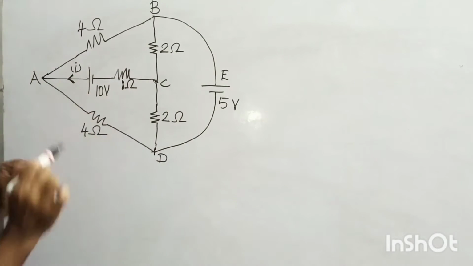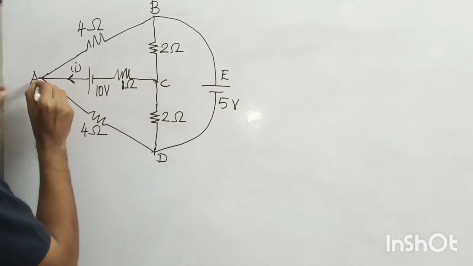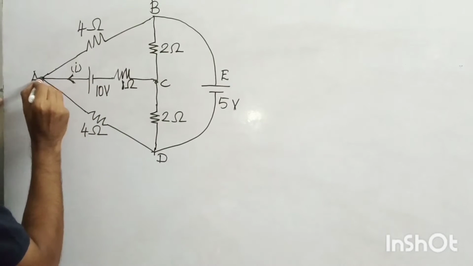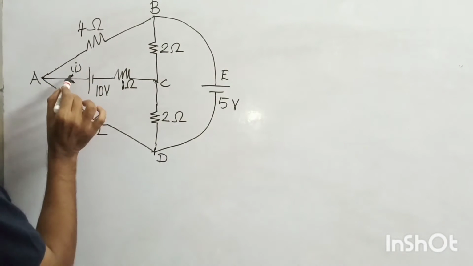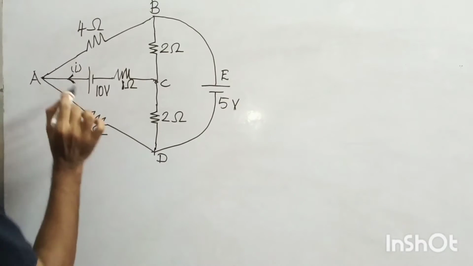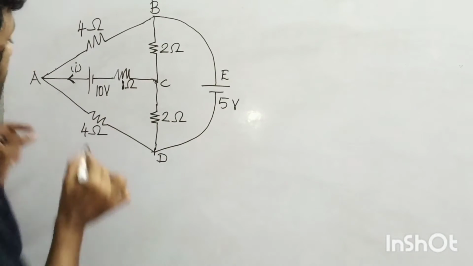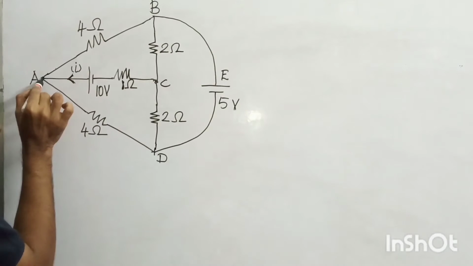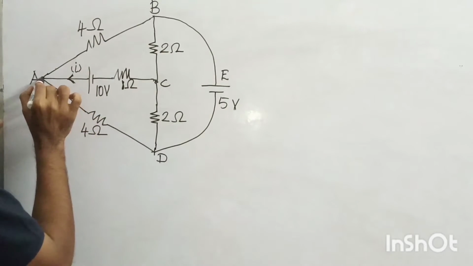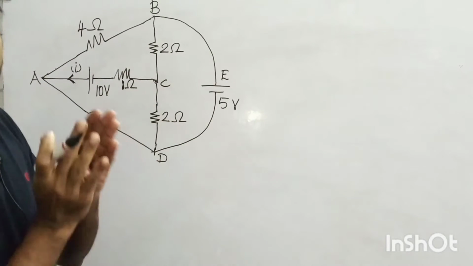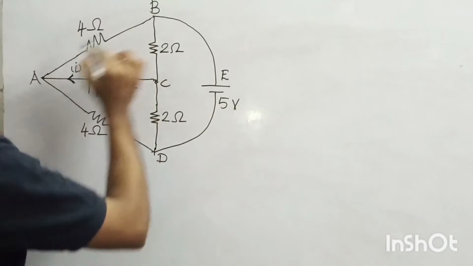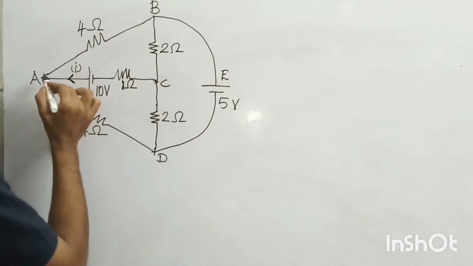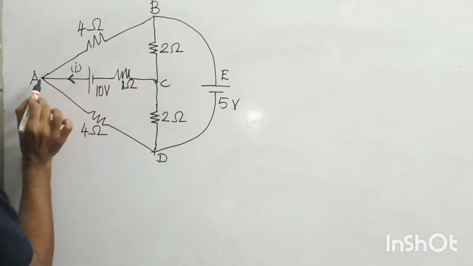Before this point A, the current has one single value, that is I. At junction A, the current will bifurcate into two values in the two branches, AB and AD.